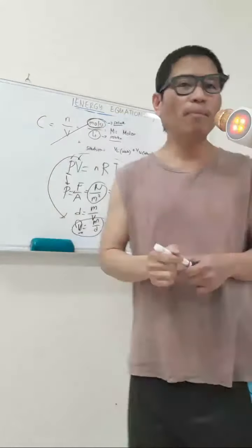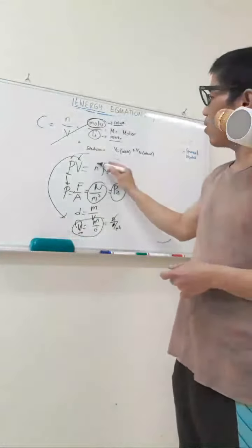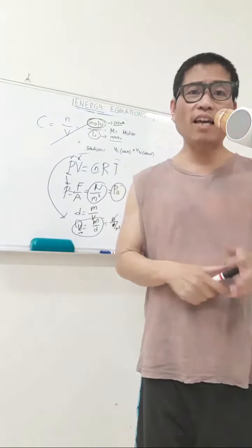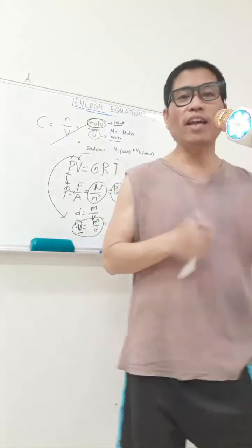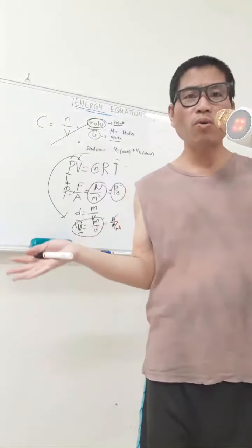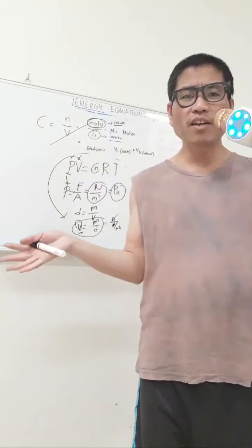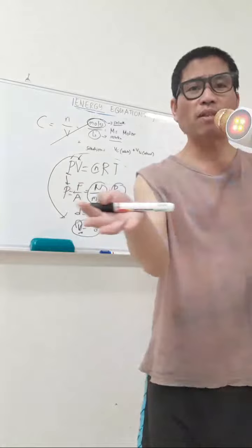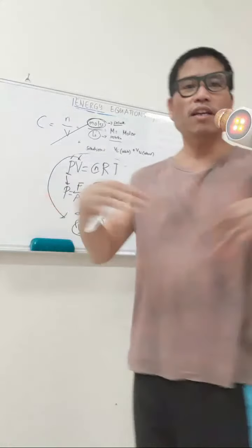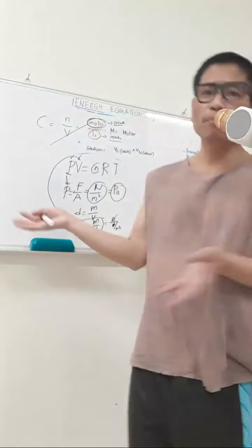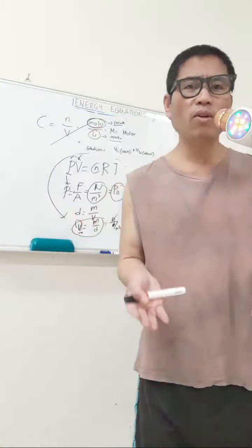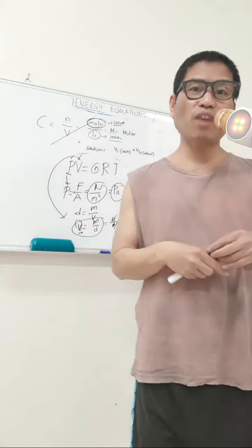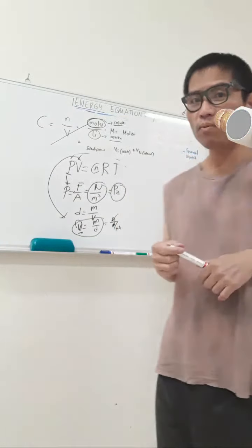Okay. Number of moles. You can get a lot from this, guys, once you understand it. Going back to basic: what is a mole? A mole is a unit of the amount of a substance.